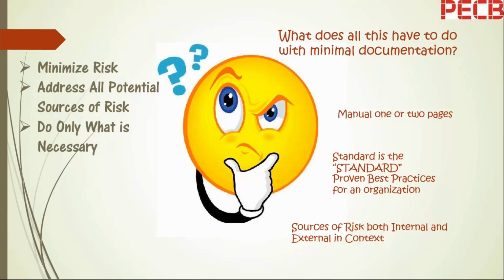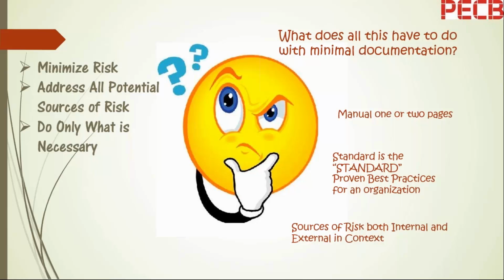Minimal documentation was in the 2000-2008 one manual. We've emphasized that the standard was based on previous practices, I'm trying very hard to make sure you understand that. But we still have to think about internal and external risk.